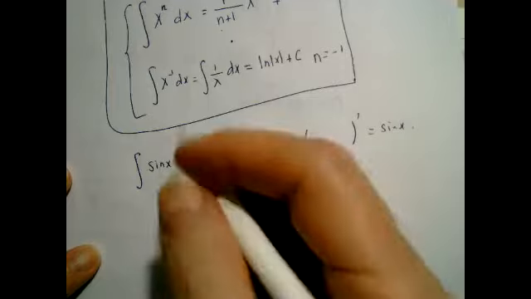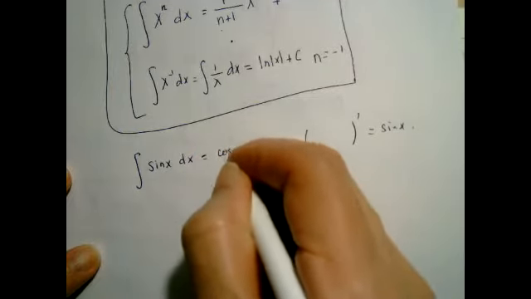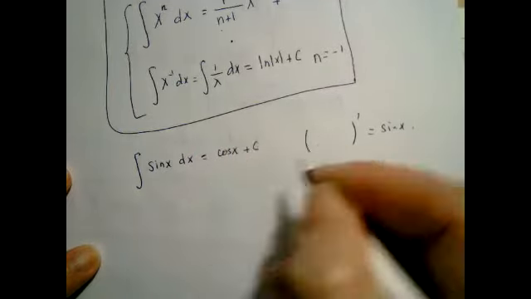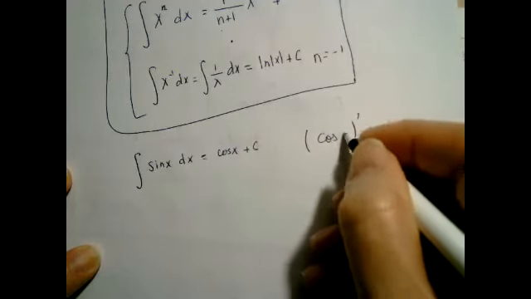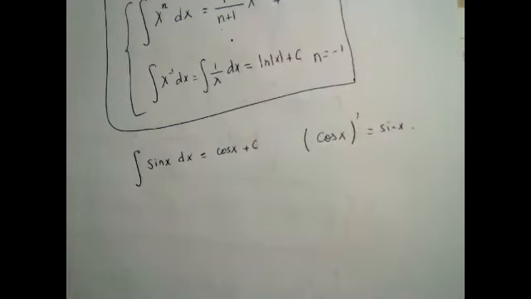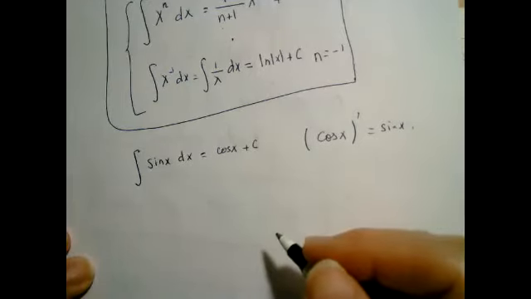Cosine. Because the derivative of cosine is sine. True or false? False, because it's negative sine.